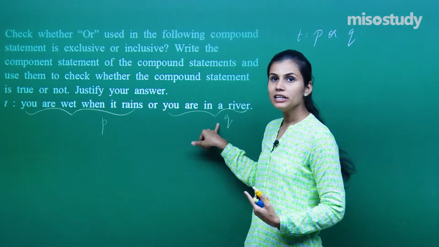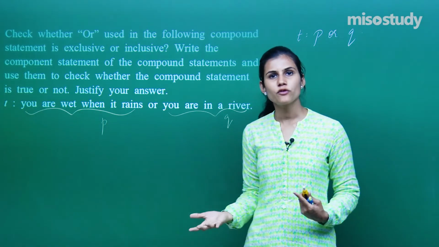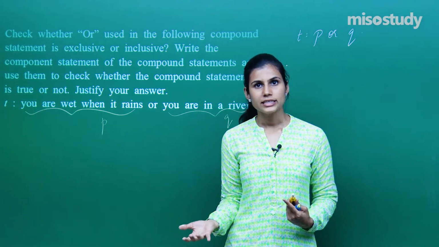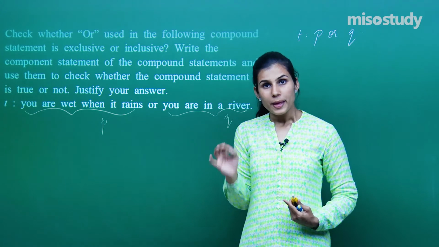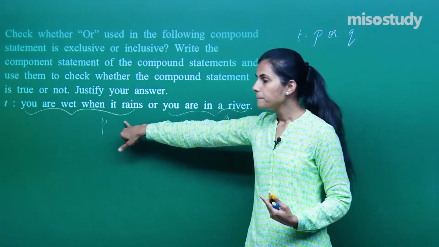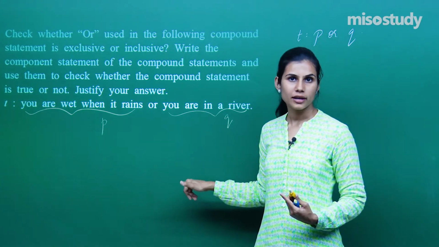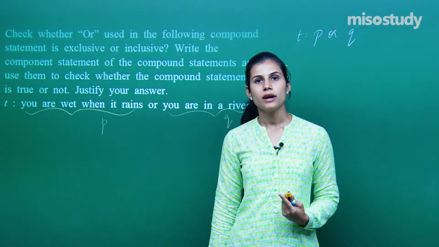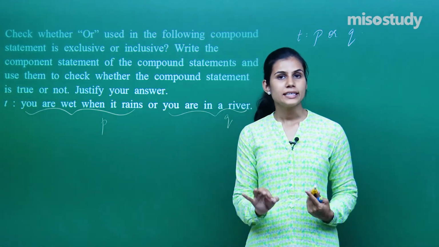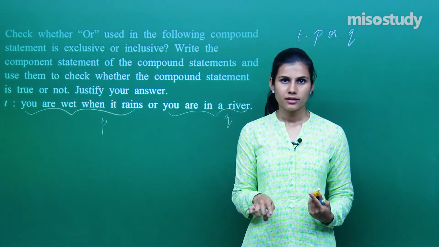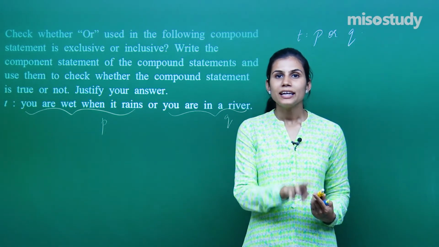But suppose you are in a river and it is raining, even then of course you can get wet, right? That means P is occurring or Q is occurring or both P and Q are occurring is making this statement valid. That means "or" is in here including the very case P and Q both.